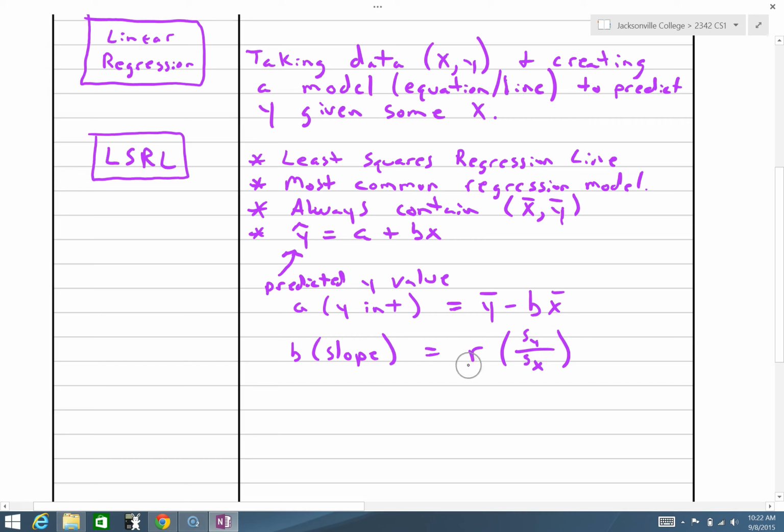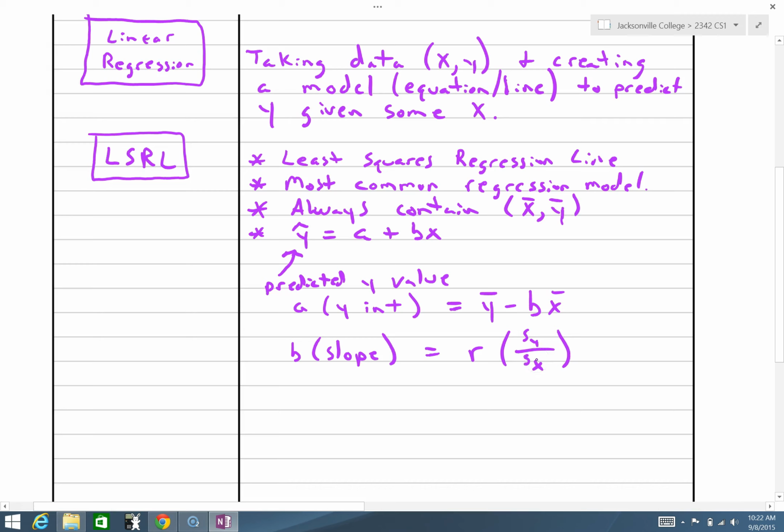Well, this r, the correlation, will give us the sign of the slope. If r is positive, the slope will be positive. If r is negative, the slope will be negative. So this value b is determined by these ingredients, r, the correlation coefficient, and the standard deviation of y and the standard deviation of x.